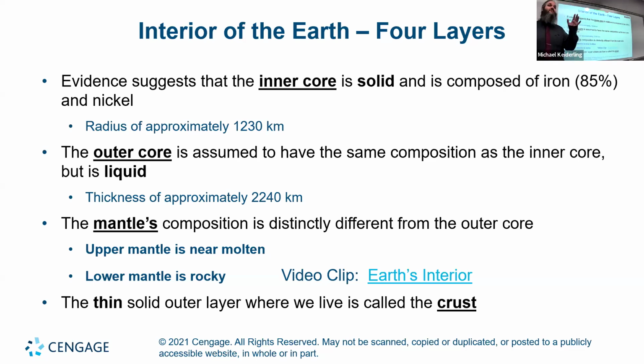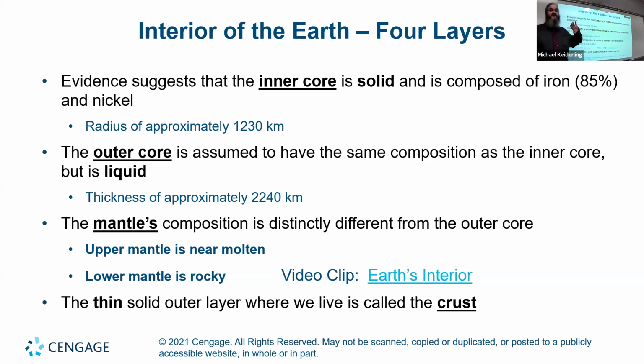Basically, as you go towards the center, it gets hotter and higher pressure, but the pressure wins out and it becomes solid. That's why the inner core is solid while the outer core is liquid. The outer core has a thickness of about 2,240 kilometers.